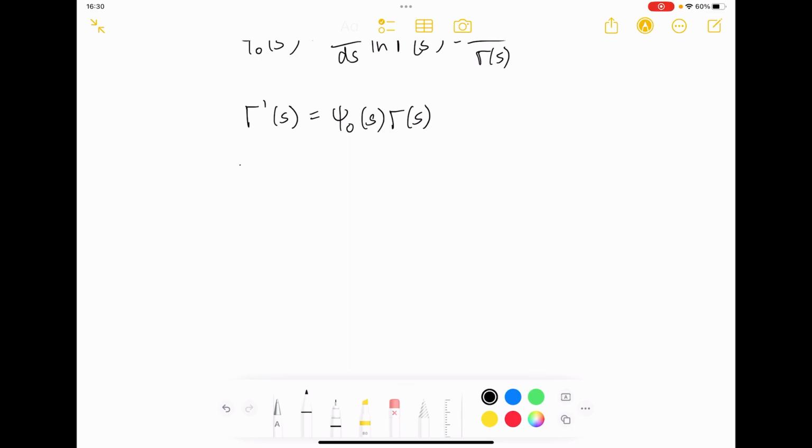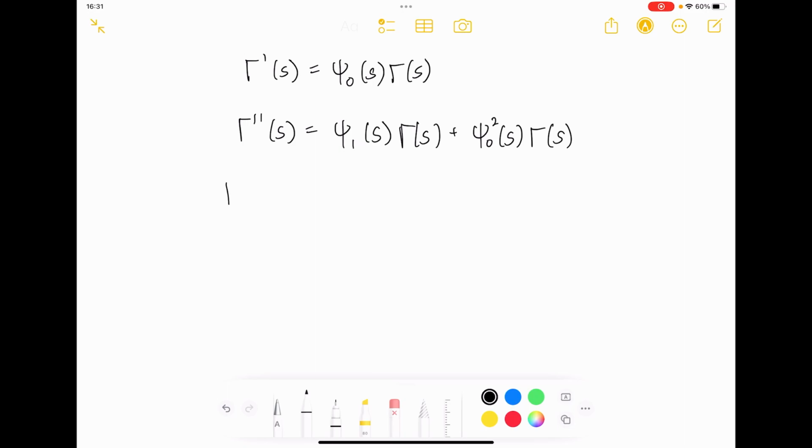So gamma prime prime of s, using the product rule, is psi 1 of s, the derivative of psi 0, called the trigamma function, times gamma of s, plus psi naught of s times gamma prime. But gamma prime is psi naught times gamma, so that's psi naught squared times gamma. And we're going to do it again.